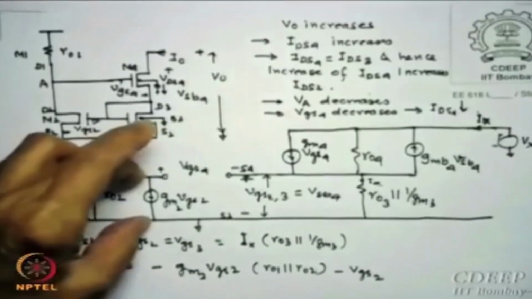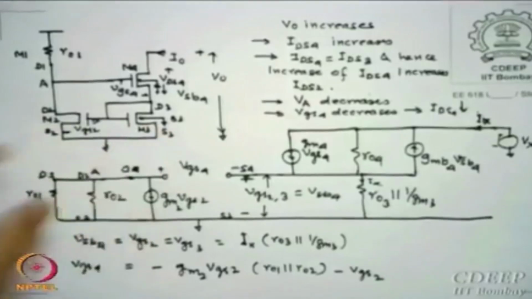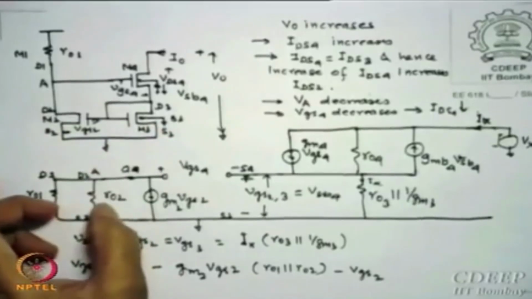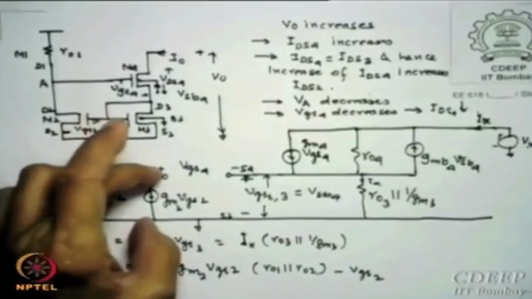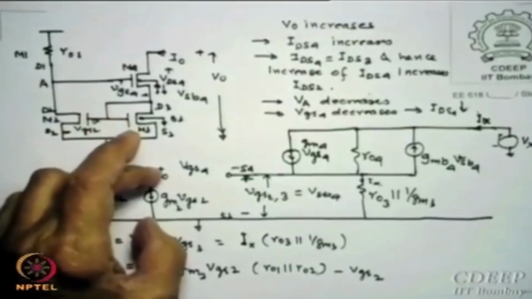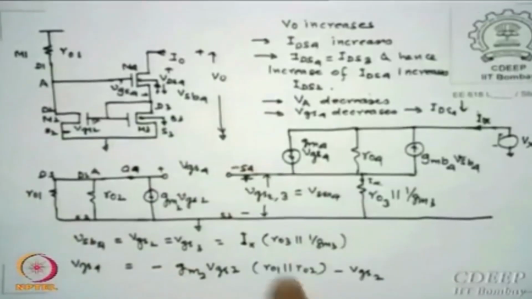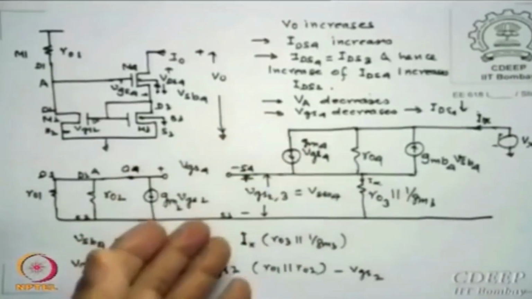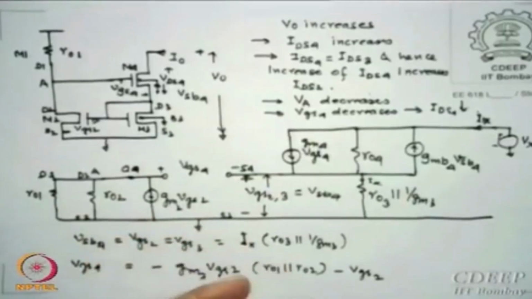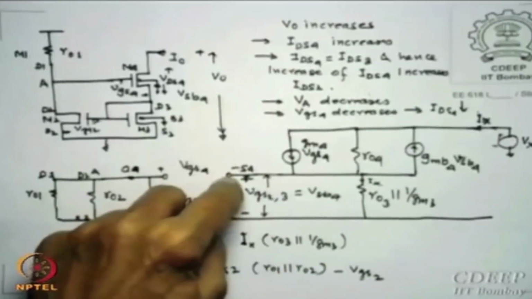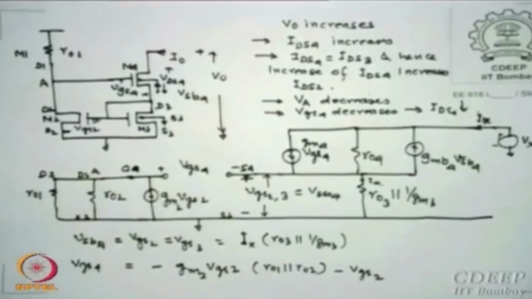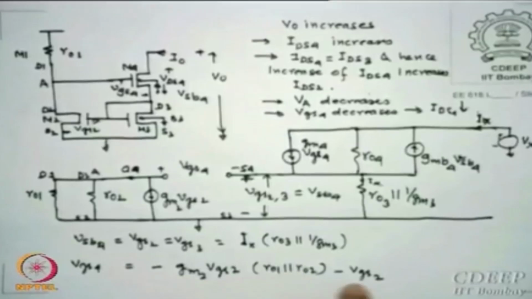So this is my voltage here, that should be clear. The voltage drop across parallel combination of RO1 RO2 is nothing but the voltage across this, that is VG4. How much is VS4? The VGS2, just now you wrote that, okay. Please remember this voltage is this voltage, so you subtract this, is that clear? So you get VGS4 is minus GM2 VGS2 times RO1 parallel RO2, minus VGS2 which is your VSB4, okay.